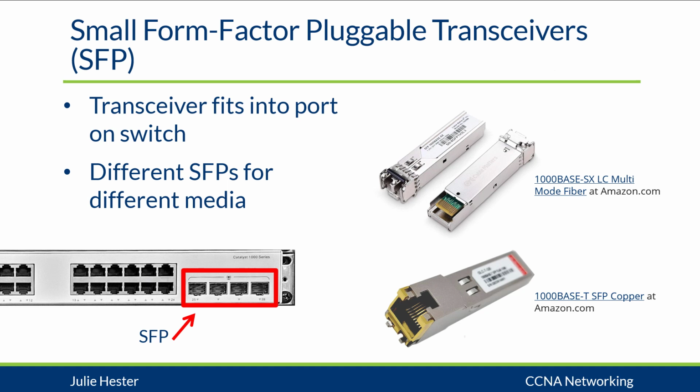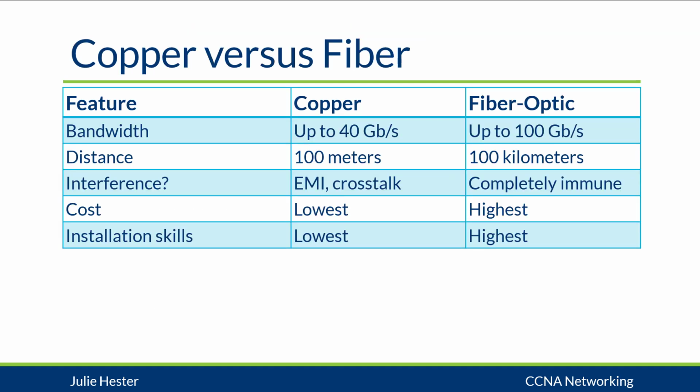So now that we've talked about fiber optics and we've talked about copper, let's compare the 2 types of media. I've created this chart for you here with a list of features and how they apply to both copper and fiber optic. First, we have bandwidth.